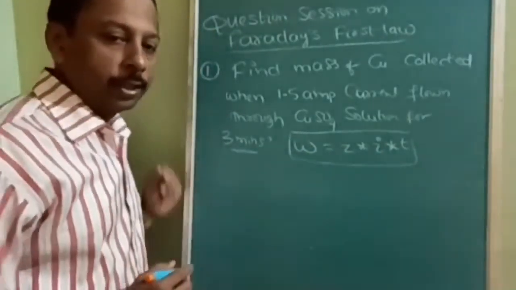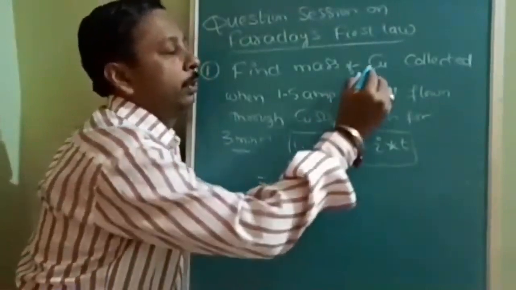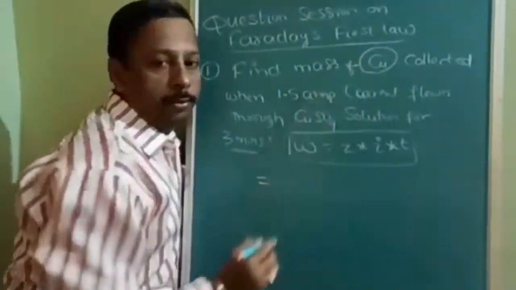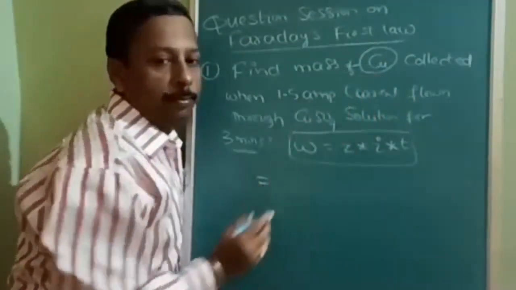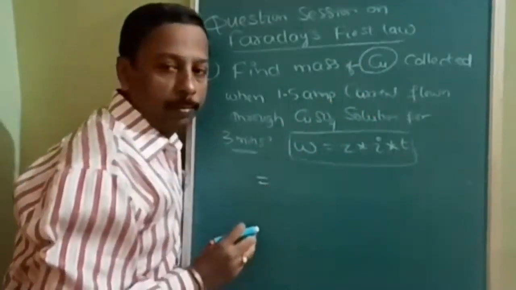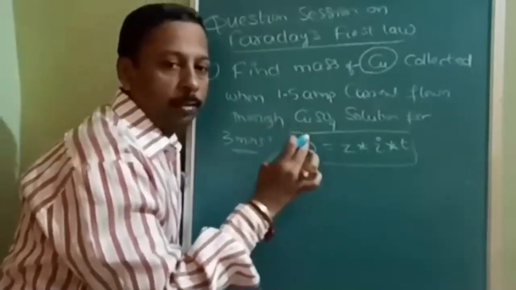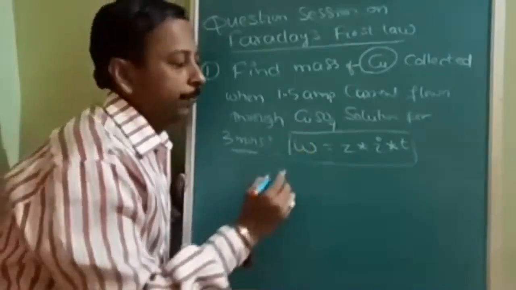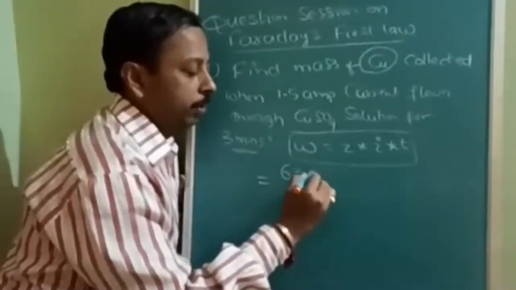Okay, in this question, as I gave you the formula, for copper, in the theory lecture I have already taken this example. If you want copper, then you will write the copper atomic mass. If you want complete copper sulfate, you will write the complete molecular mass in the Z. In the Z formula, the atomic mass of copper is 63.5.